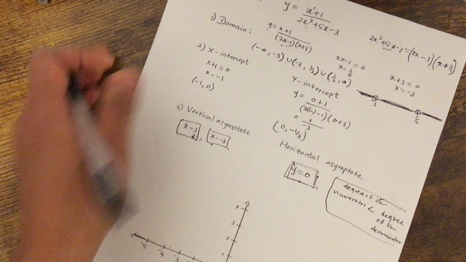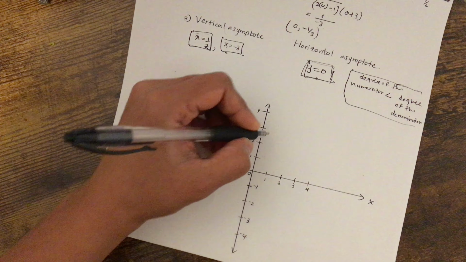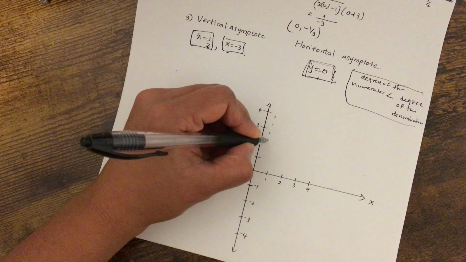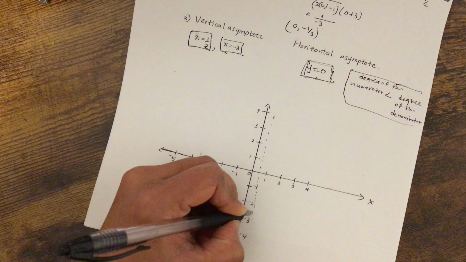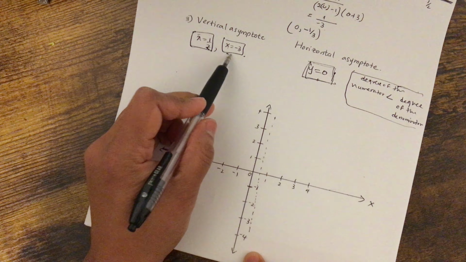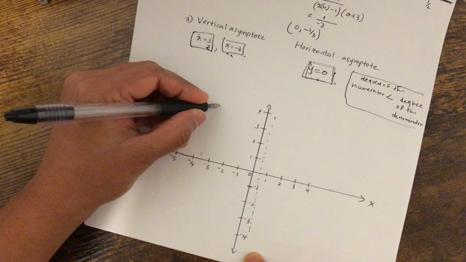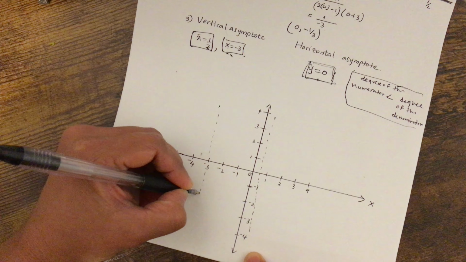So here you have 1, right? Here you have 1. So x equals half is a vertical asymptote. Okay, like this. And another vertical asymptote at x equals negative 3. So you have another vertical asymptote, right?